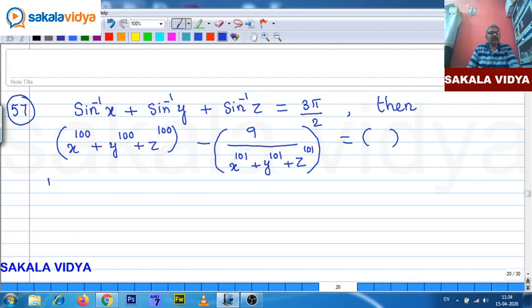So first option is 0, second option is 1, third option is 2, fourth option is 3. So this is the question.